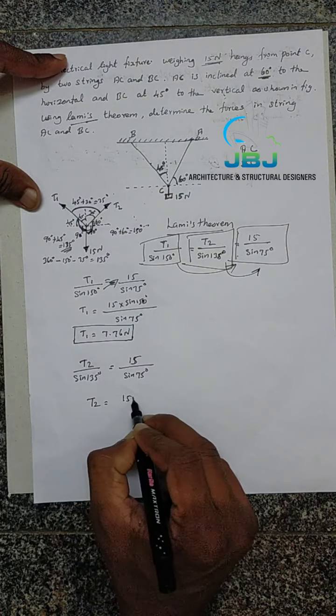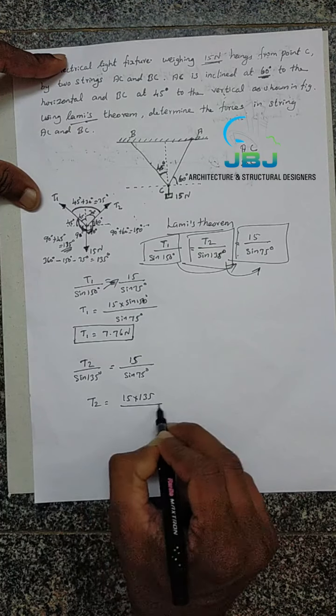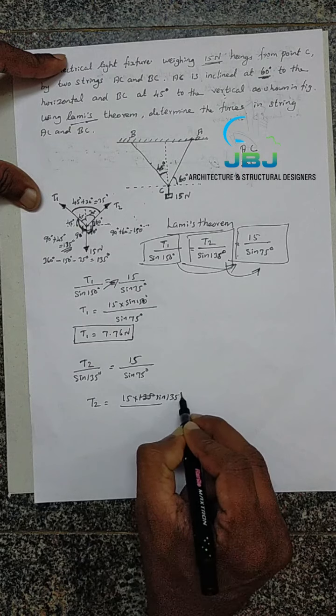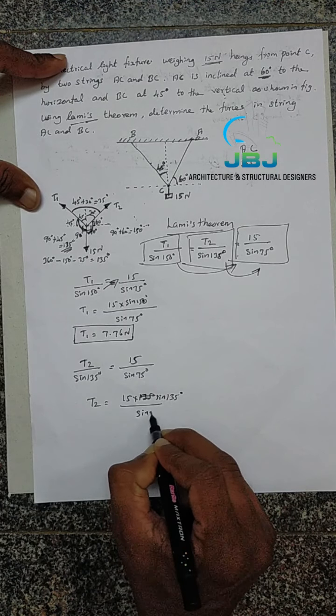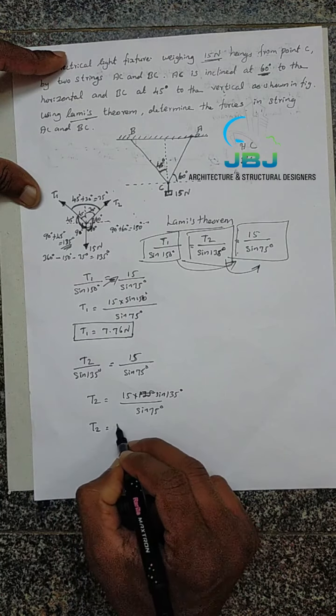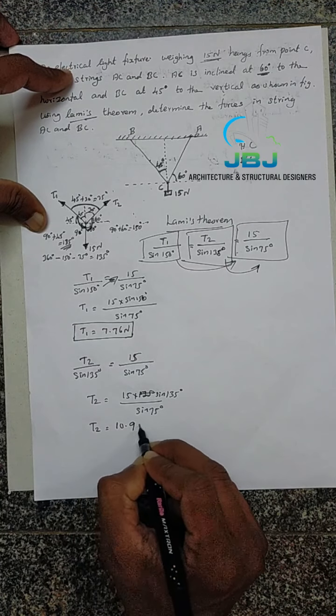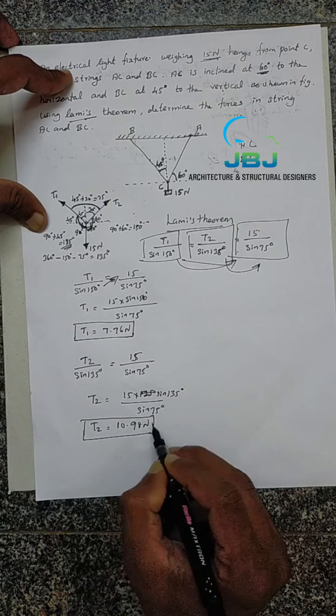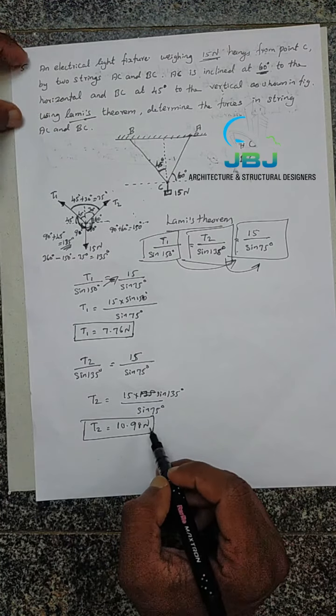T2 equals 15 into sine 135 degrees divided by sine 75 degrees. When you calculate this, you will get the value 10.98 Newton. This is the tension force of this.